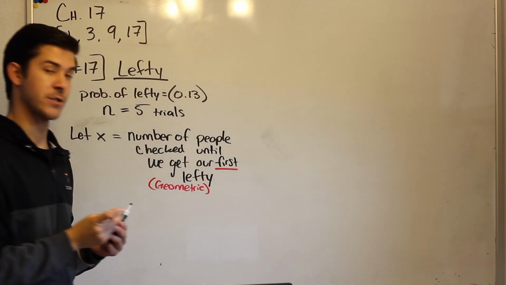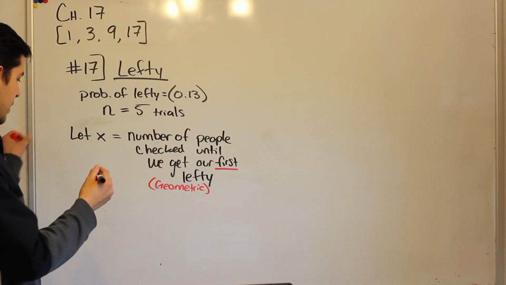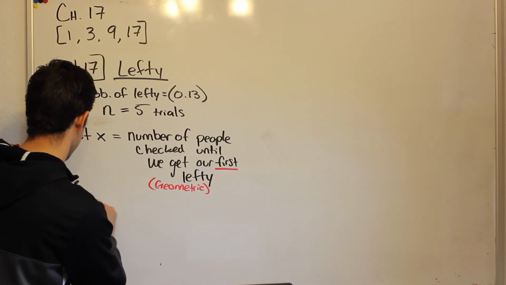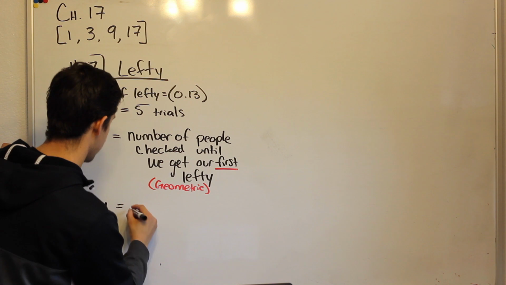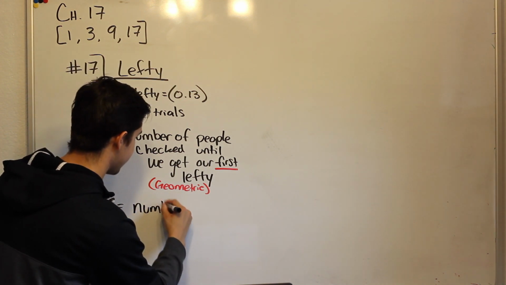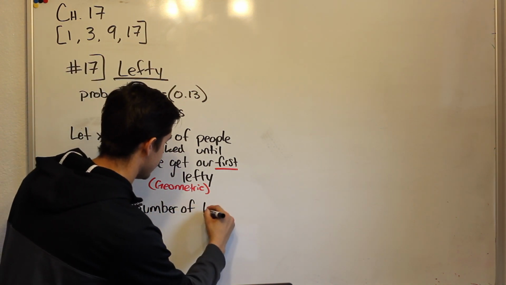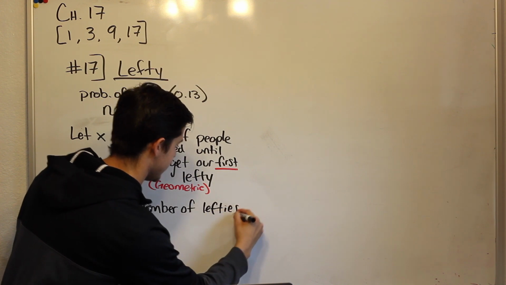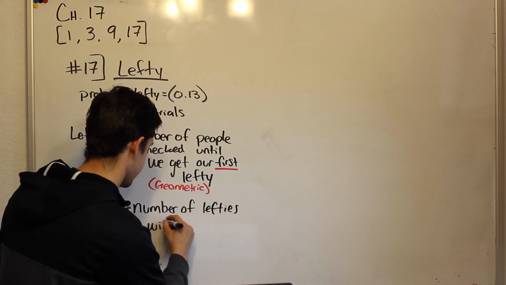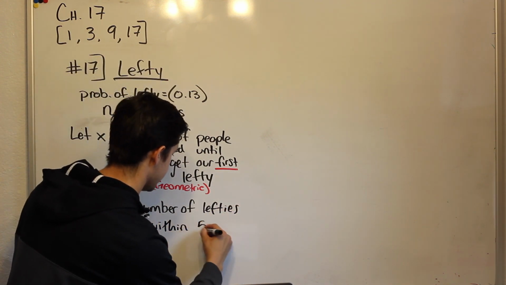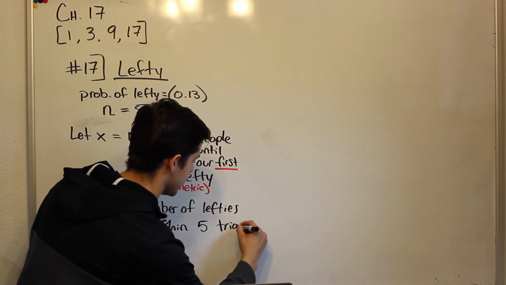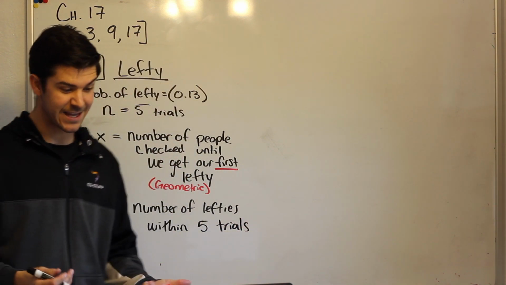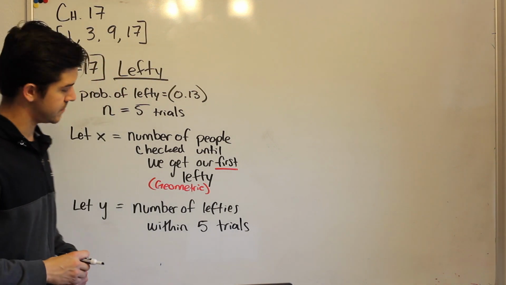Keyword here, first. In addition, we're going to let another variable, y, equal the number of lefties within 5 trials. Or in this case, within n trials.